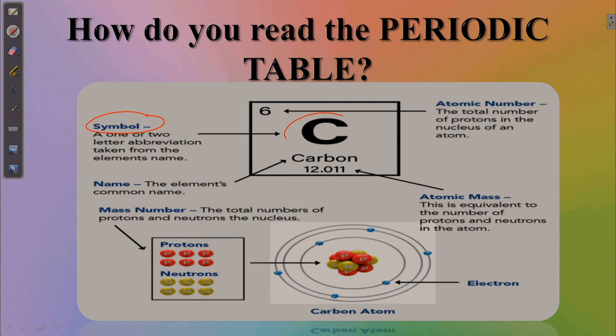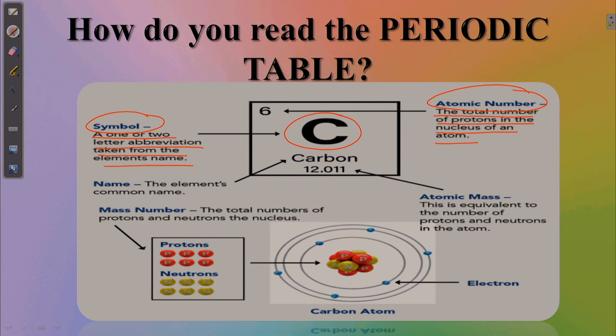For example, the symbol for carbon is capital C, a 1 or 2 letter abbreviation taken from the element's name. Next, we can identify with the help of atomic number. Now the question arises, what is atomic number? The total number of protons in the nucleus of an atom is known as atomic number.